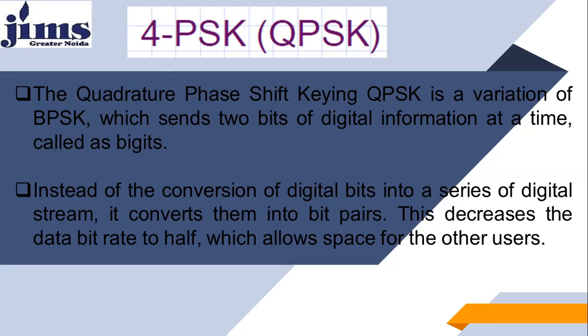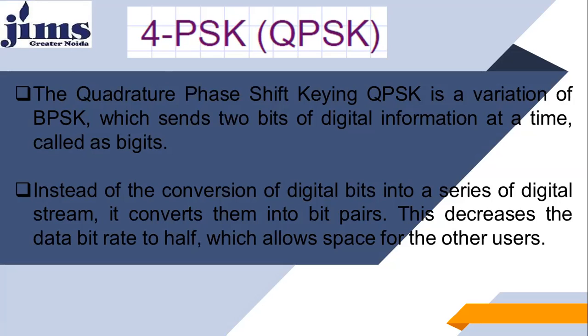So these are the 4 possibilities, and each combination is termed as a symbol. So you have 4 symbols: symbol 1 means 0 0, symbol 2 means 0 1, symbol 3 means 1 0, and symbol 4 means 1 1.